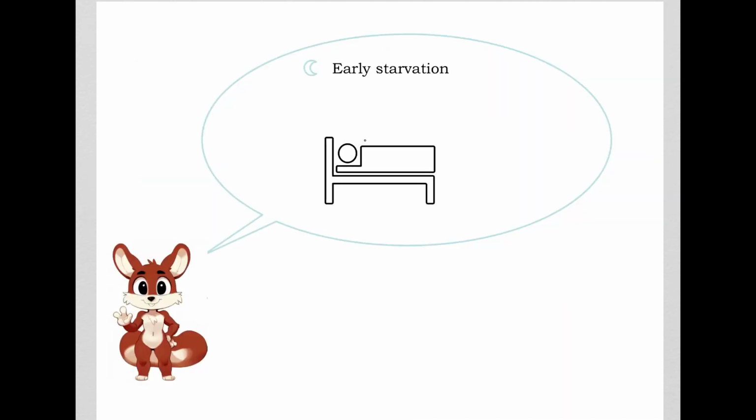Okay, so what happens, let's say, in early starvation? You had your dinner, you went into a postprandial state, no problem. The glucose that you ate maintained your blood glucose level more than 40 for a few hours, and then you went to bed. So what happens early in the morning, say around 2-3 a.m.? Now you have not eaten for a few hours, so you get into this early starvation.